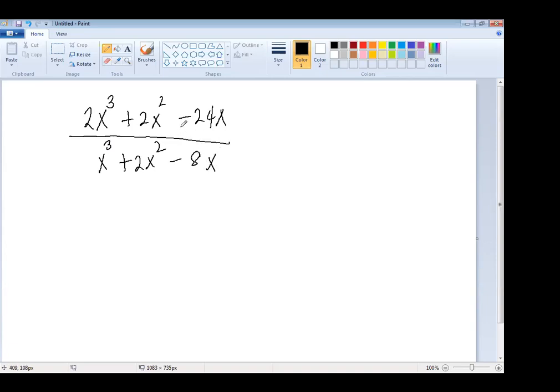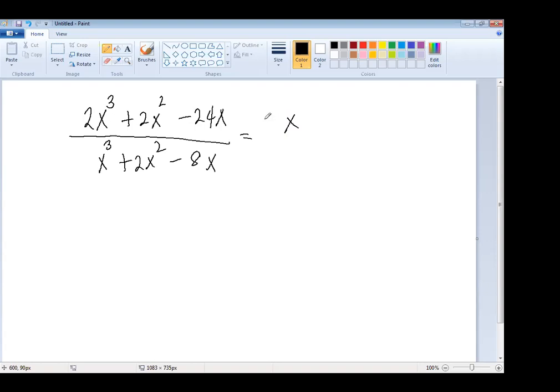So first thing we are going to do is find the common factor. In the numerator, if we are going to factor out the variable, you have to look for the smallest exponent, right? The smallest exponent here in the numerator is x, so you have to factor out x.